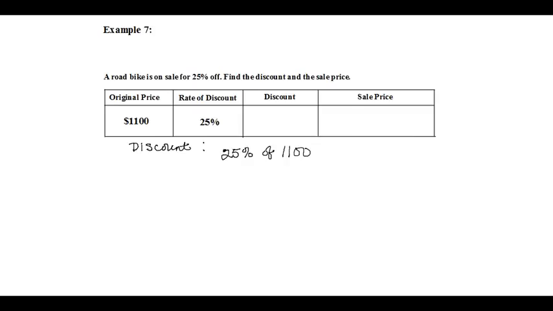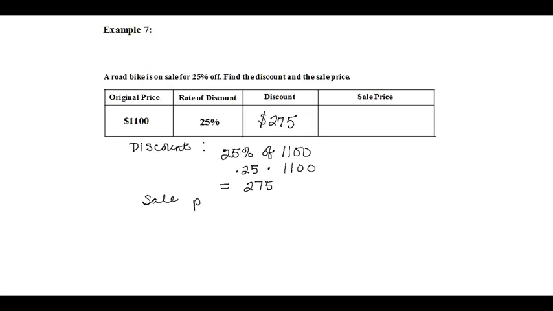So we know how to find what that is from some of our first problems that we did. We said whenever we're working with percents, we're going to change them into a decimal for our multiplication. So 0.25 of means multiply times 1,100. Okay, and we get that that is equal to 275. So that is $275 is our discount. And so if we're finding our sale price, then think about this.